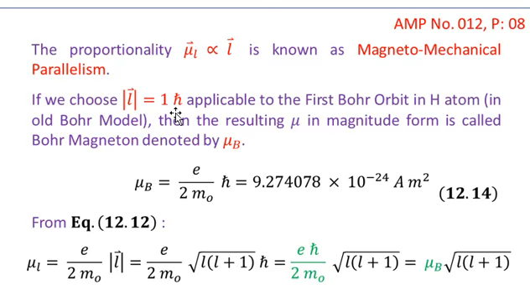You can go through the Bohr theory in the previous slides. Here we are choosing the magnitude of the orbital angular momentum equal to 1 h bar, which is applicable to the first Bohr model in the hydrogen atom. When we're talking about the old Bohr model, the resulting mu in magnitude form is called the Bohr magneton, denoted by mu B.